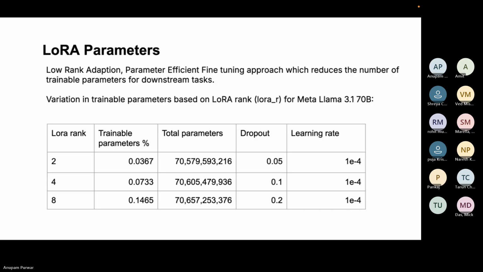A lot of question answer pairs means a lot of training data, which means a lot of storage required. But in case of LoRa, all those things become less than 1 or 2%.